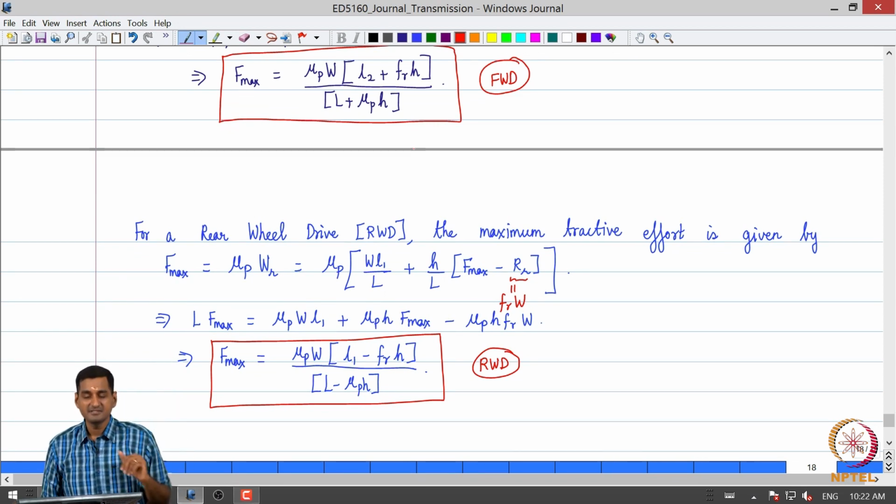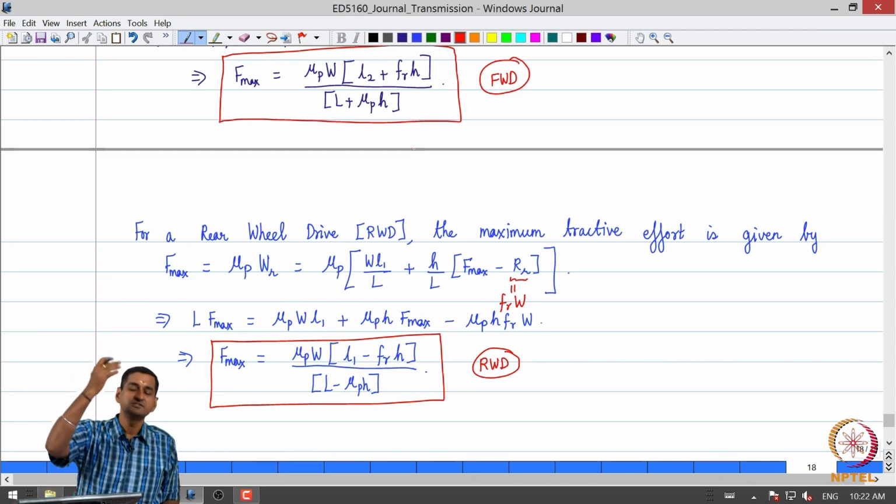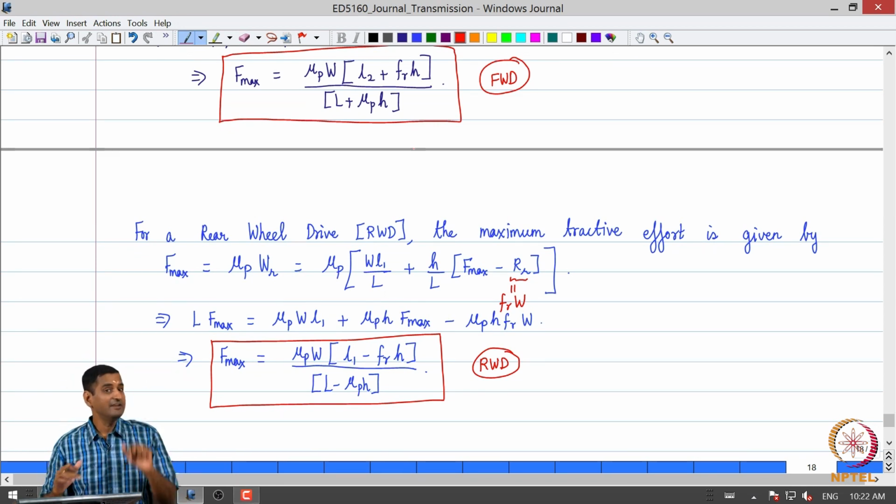If the center of gravity is shifted to the front, which value is going to be higher, L2 or L1? L2, right. So, obviously, despite the fact that dynamic load transfer is going to transfer the load from front to rear, the fact that L2 is higher still makes it advantageous to drive the front wheels, right. So, that is an observation we could make.